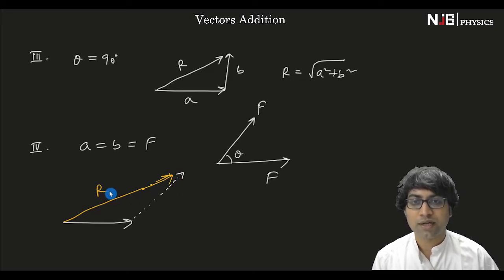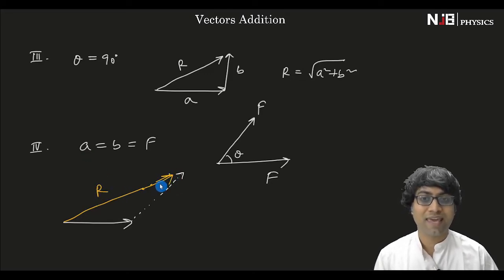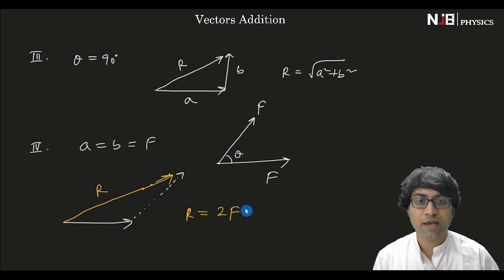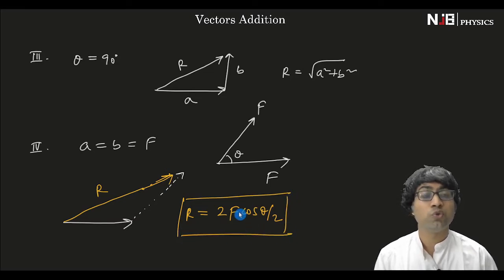So this is the resultant. Well, in this special case, the resultant comes out to be equal to 2 times the magnitude of the vectors, which is f, times cos of theta by 2. And we must memorize this result as it is going to be used very frequently in physics. So what will be the direction of this r vector?